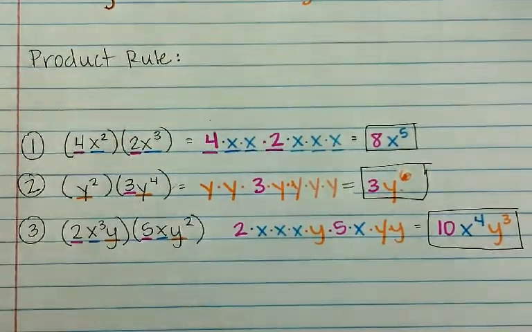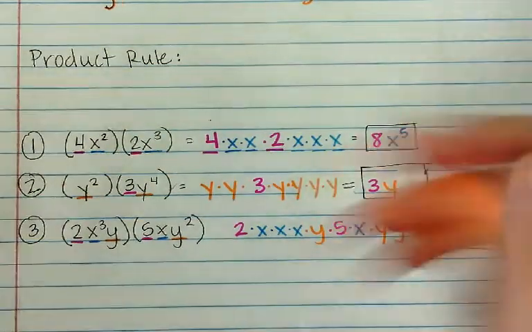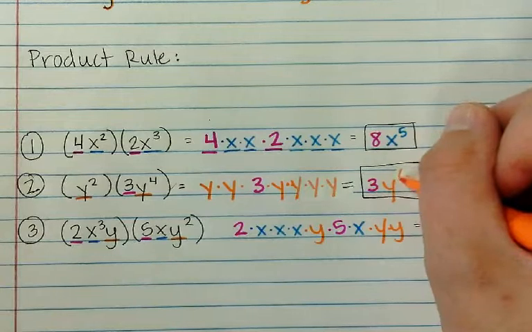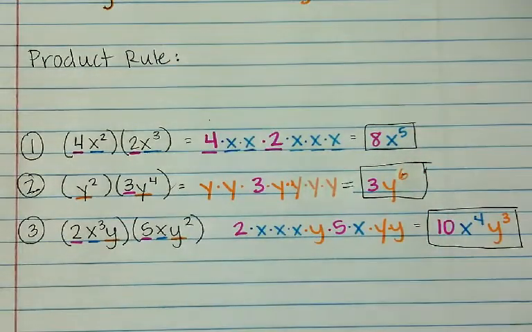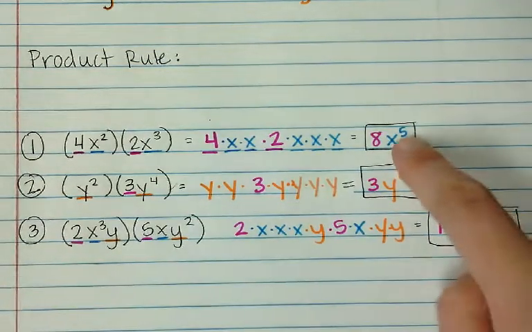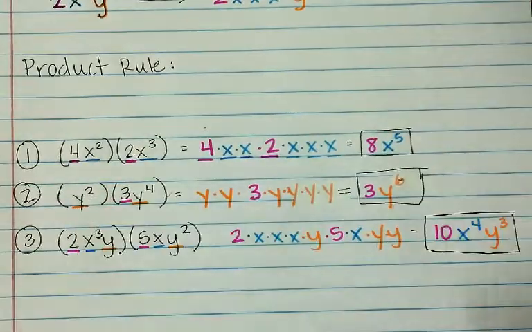Okay, so now that you guys are looking at these 3 examples, can you guys help me? Do we see any kind of rule or shortcut that we could do so we don't have to expand it out every single time? If you look at your exponents, you look at your numbers, is there anything that we can do?